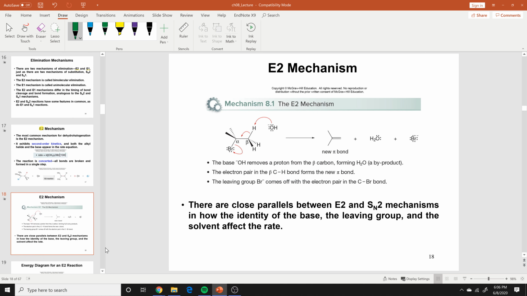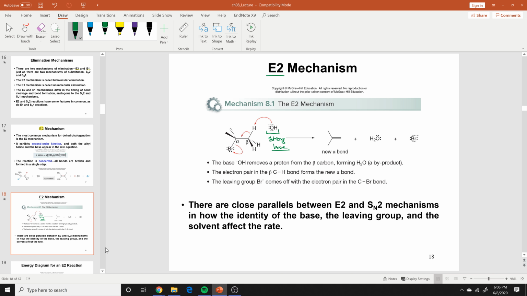The mechanism of the reaction is pretty straightforward since it's a concerted reaction, which happens in one step. Now notice I've used a negatively charged base, so this means that in this type of elimination, my base is a strong base. That strong base is going to take the beta hydrogen, form a double bond, and the leaving group is going to leave.